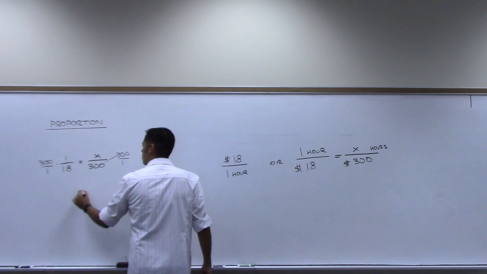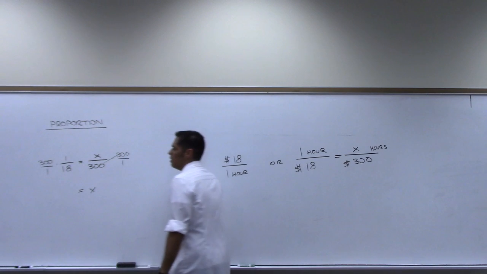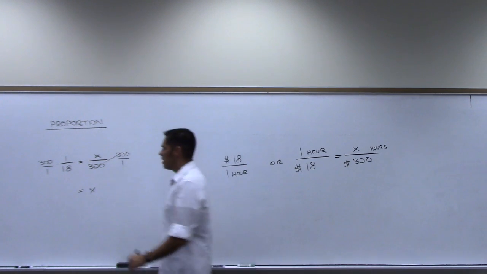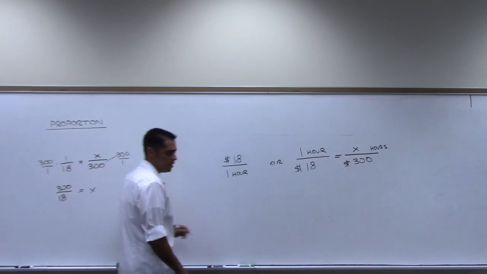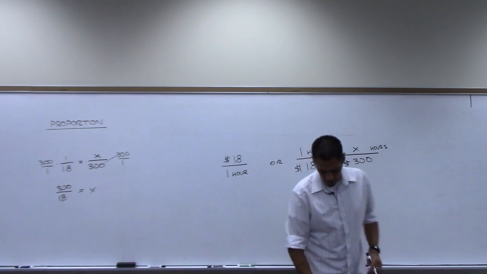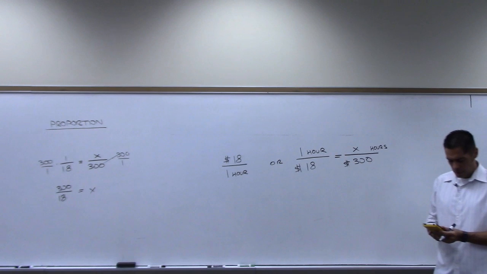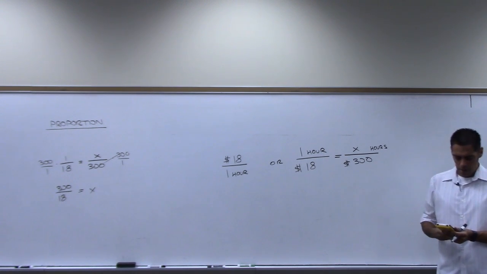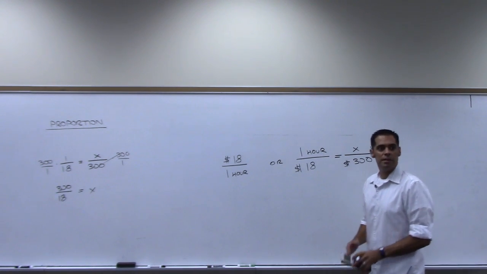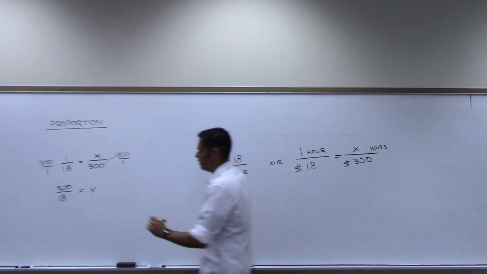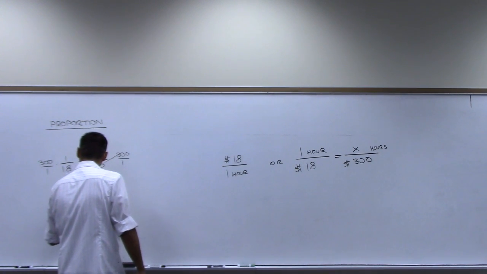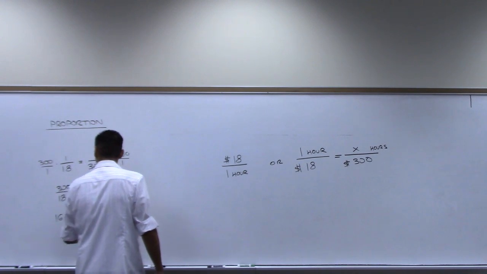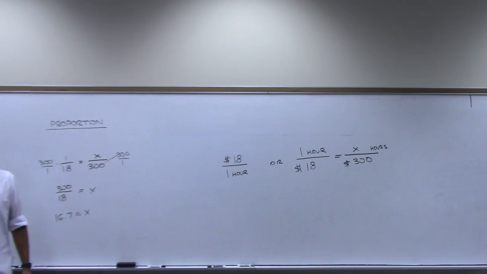And on the right, it goes away, you get X. On the left side, you get what we knew it was going to be to start, don't we? 300 over 18. So you do that on your calculator, 300 over 18. About 16.666, right? 16.7 approximately. 16.7 what? Hours.